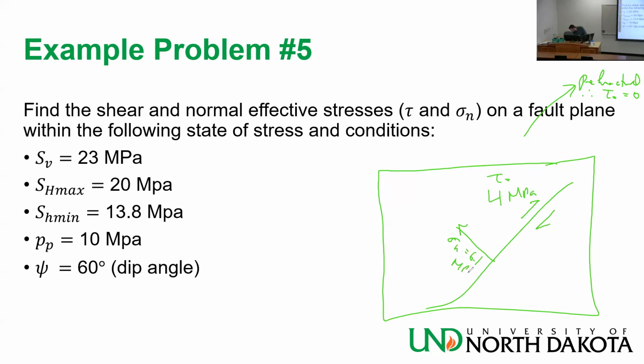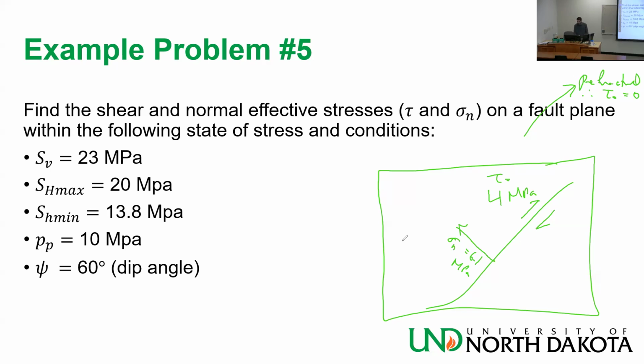Some people use 2 n's, or my n looks like an h actually. Sigma n. So if I have that, I need to know, will it slip or not slip?